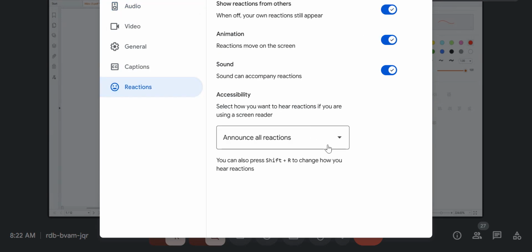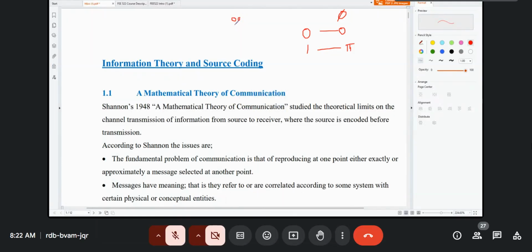If you are carrying 2 bits per symbol, this would be 45, this is 135, 225 and 315.